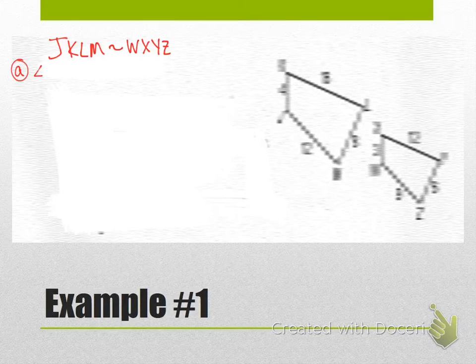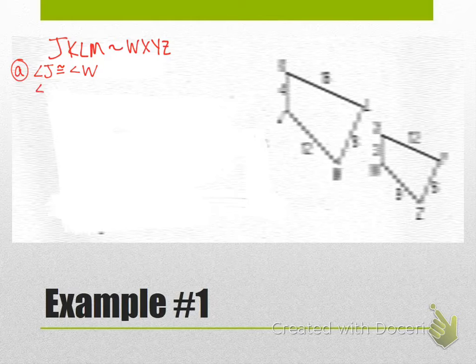So angle J is going to be congruent to which angle? W. Why? They come first. So remember last year with our congruent statements, the first letter and the first letter, those angles had to be congruent.